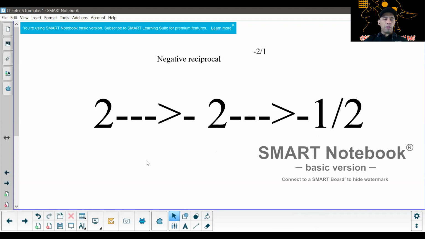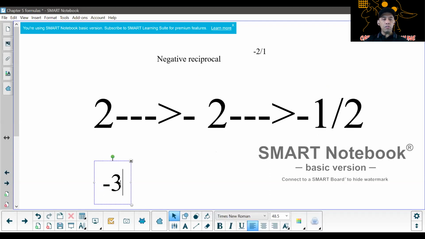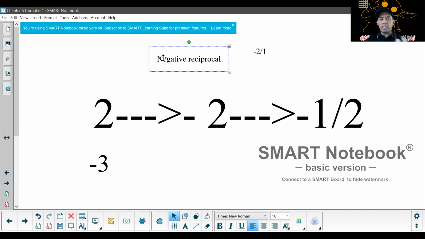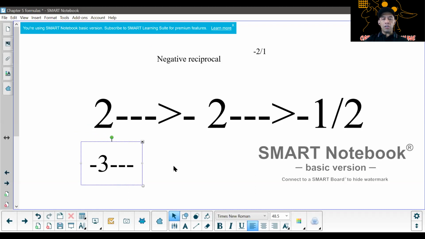And another example here, let's just make it a little bit tricky. If I had something like, let's just say negative 3, and I want to change that to a negative reciprocal. As I said before, when you're thinking about the negative part, what you have to do in that step is change it to the opposite sign. So if you take the negative 3 and change the sign, that will become a 3.